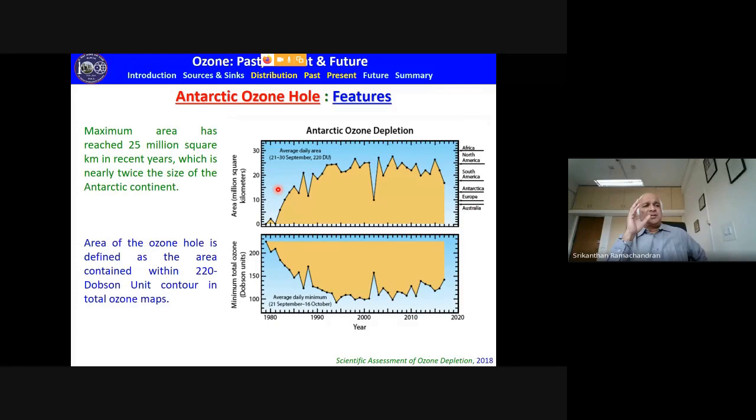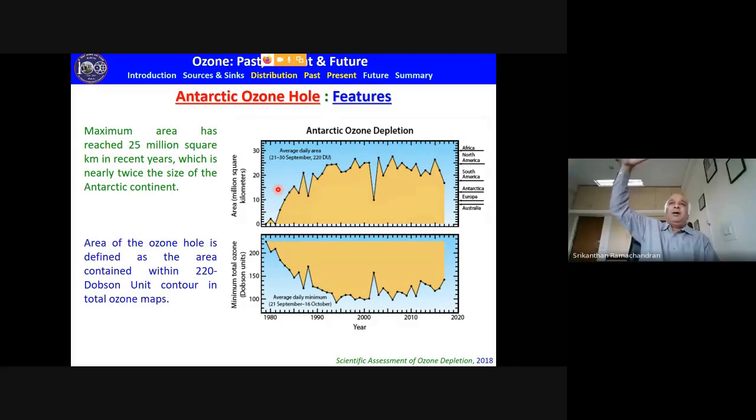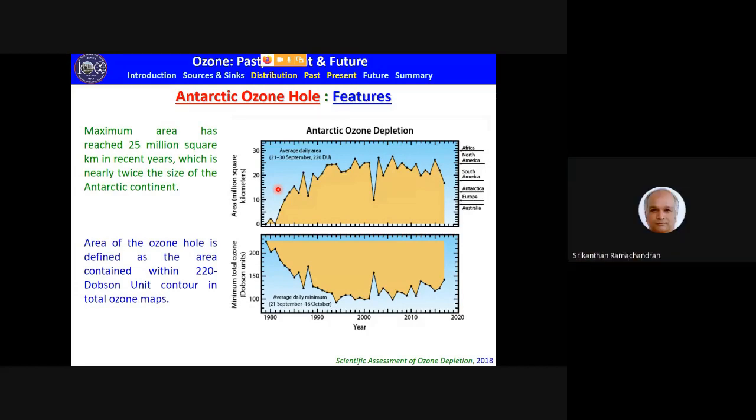An area where the ozone values are lower than 220, or 200, Dobson units is called the ozone hole. It is called a hole because when you look at the amount of ozone from up above, when you reach Antarctica regions where the ozone is lower, you will see a significant decrease which resembles a hole. That is why the depletion is called the ozone hole.